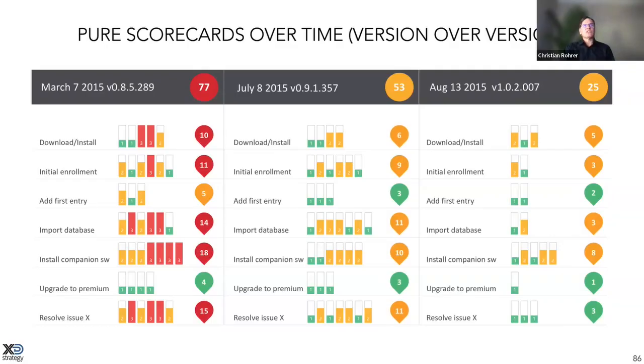Okay, how do we use these numbers to motivate? Well, I've used these numbers to motivate by comparing a product over time. This is a product that went through an alpha, beta, and actual release. You can see how it got better, and it made everybody feel better.